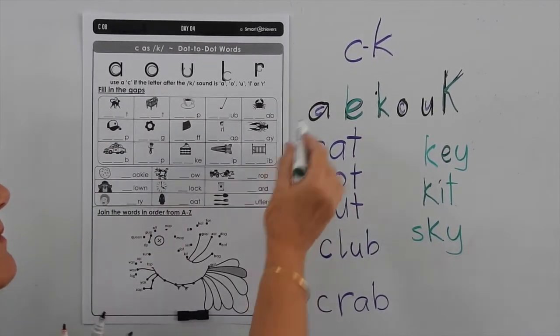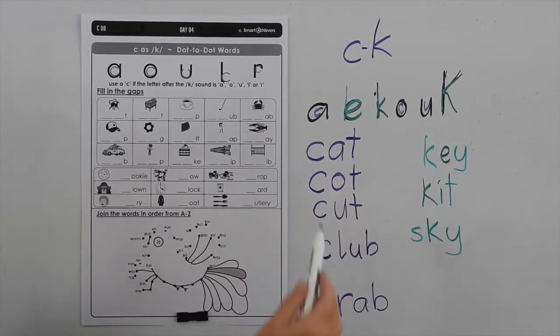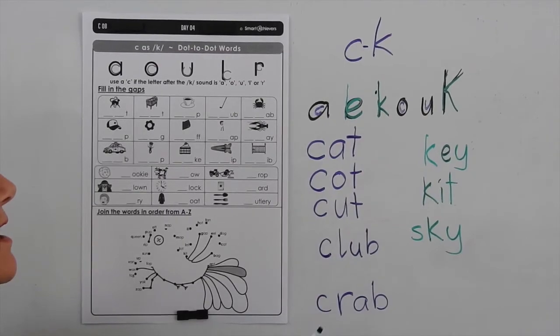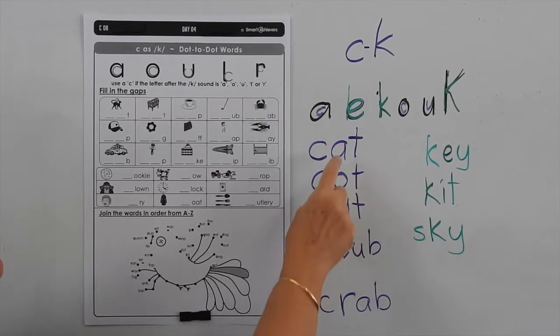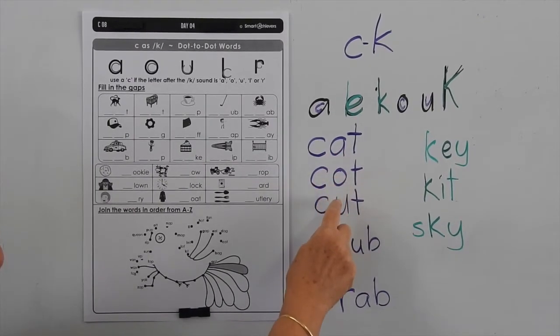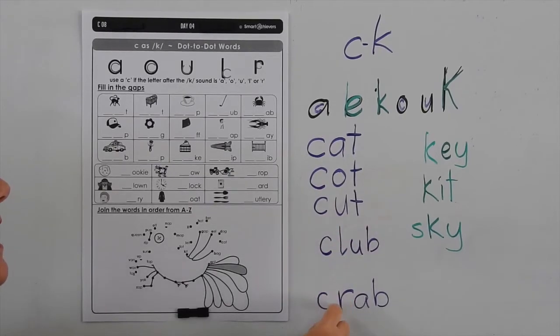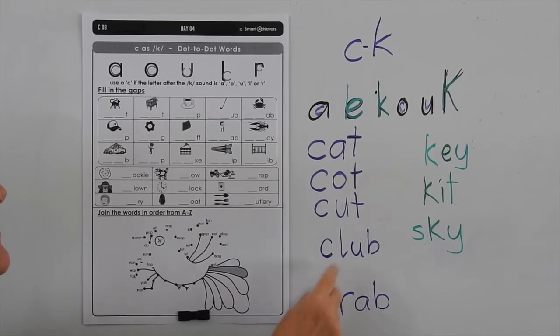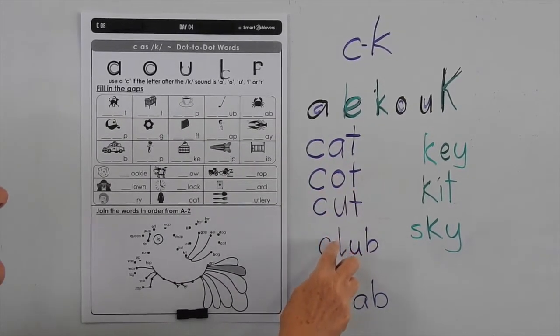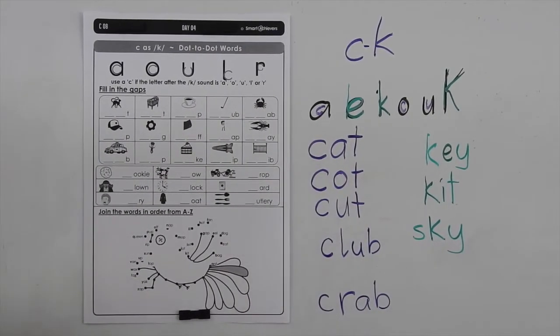If you can't remember that little trick, and that seems to be the easiest way for kids to remember it, is to look for the letter that's hidden inside, you could just remember A-O-U-L-R. So if a k sound is followed by an A, O, U, L or R, you know to use a C before it for the k sound.